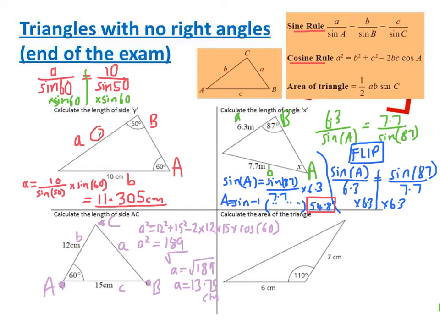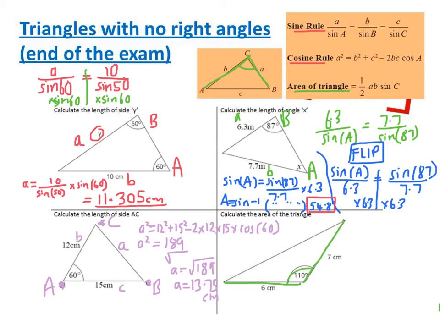Okay, the final question asked me to work out the area of the triangle. Now, the area of a triangle is a great question because you'll see from the formula that it involves ab sine C, and you'll see from the little picture given that a and b are two sides and angle C is the angle between them. Do I know two sides and the angle between them? Yes, I do.